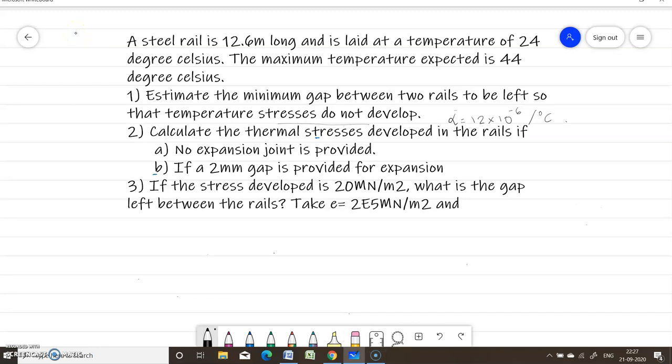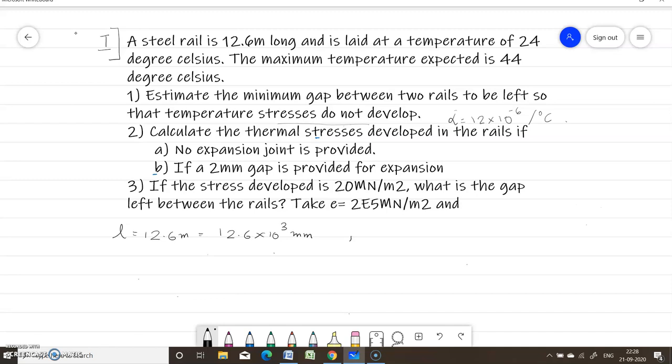Okay, now we'll see how to do problems based on temperature stresses. The question is, a steel rail is 12.6 meter long. So what is L? L is equal to 12.6 meter, which is equal to 12.6 into 10 raised to 3 millimeter. It is laid at a temperature of 24 degrees Celsius.